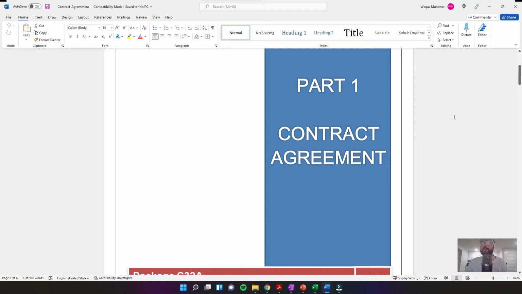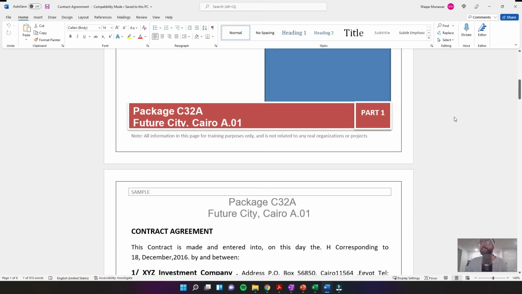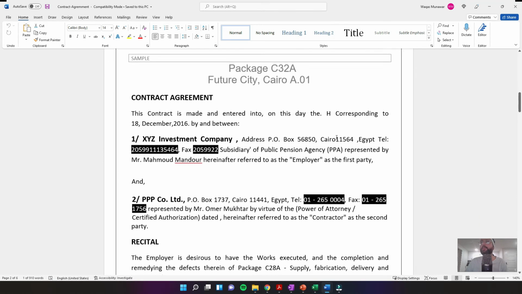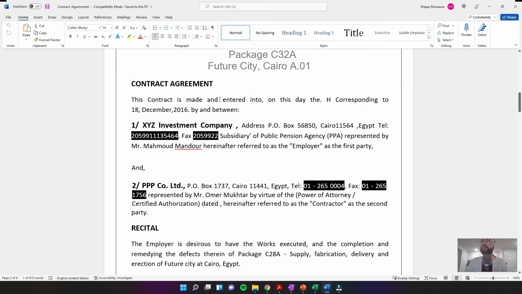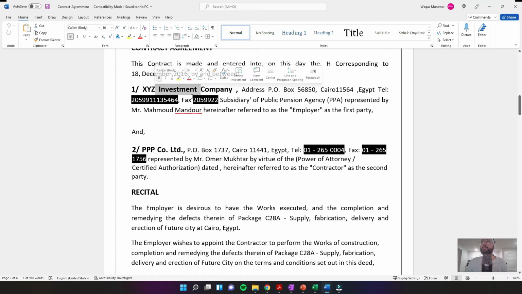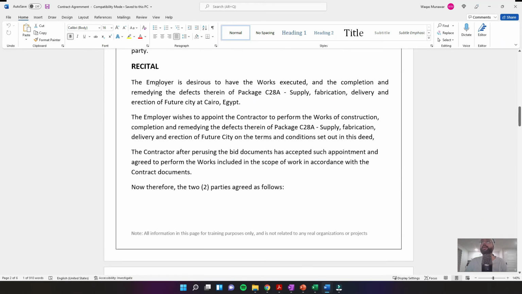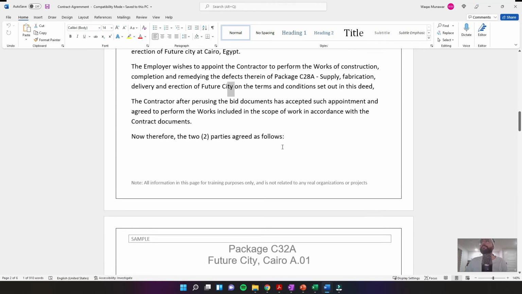This is a sample, and as you can see, there's the name of the project, the contract agreement, the date it was entered into, and the parties involved. It could be the consultant, the client, and the contractor, etc., and then the high-level scope of work, what kind of works are being performed. For example, in this case, there's supply, fabrication, delivery, and erection of the future city, and so on.